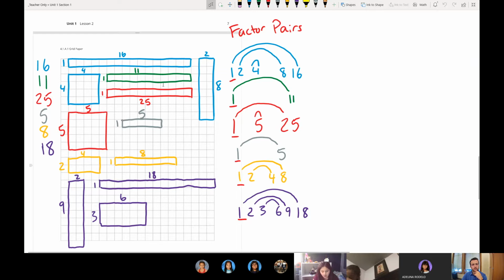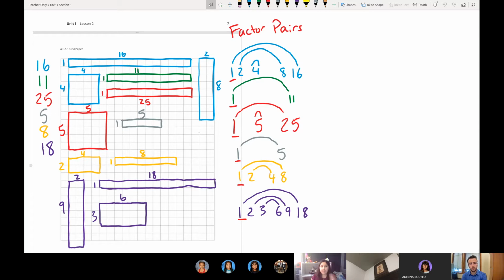What do you notice about the areas of 11 and 5? What's going on there? Malia? They are 11 and 5.